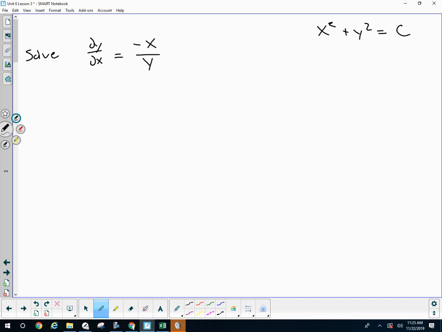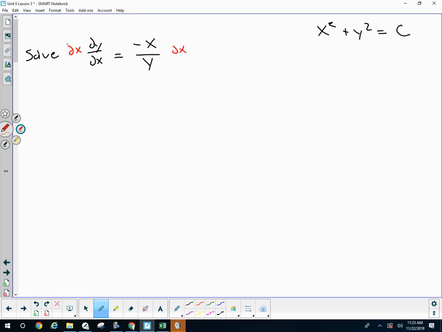Well, the key is you're not going to anti-derive negative x over y. But since dy over dx is not one thing that always has to stay by itself, you can actually multiply both sides by dx.